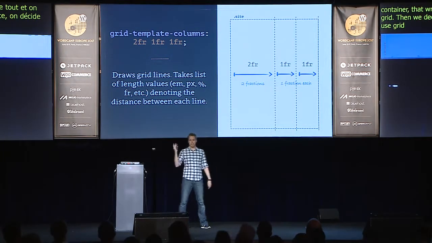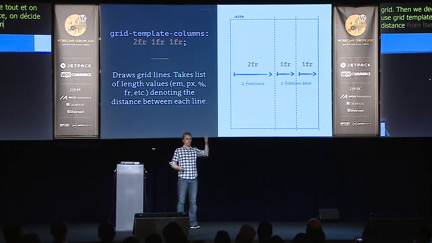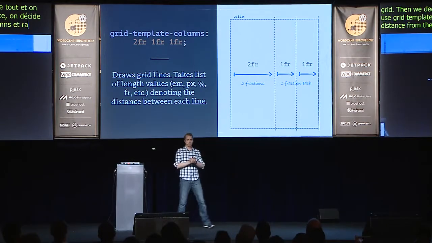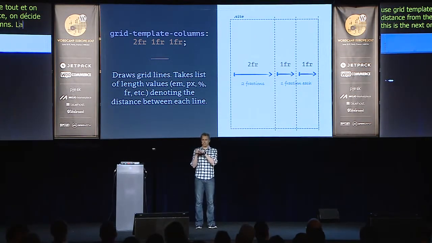And here what we do is say the distance from the edge of the grid to the first line, that's the first value. Then the distance to the next one is the next value, and so on. So you're declaring the width between each of the lines, and then another line is drawn. This comes with new features like the FR, or fraction value, that allows you to say, take one fraction of the available space, and then put a line there.